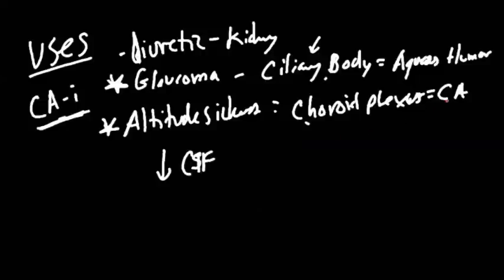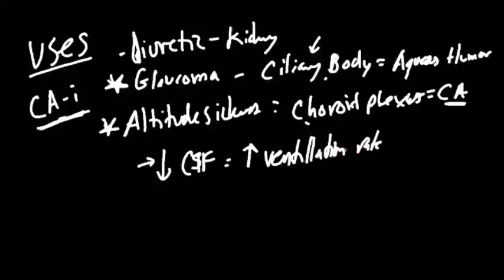It's going to decrease the carbonic anhydrase that's found in your choroid plexus. So you're going to get decreased cerebral spinal fluid production. This is going to increase your ventilation rate, because you're going to form a metabolic acidosis. If you decrease your carbonic anhydrase, you're going to decrease your CSF, you're going to decrease your bicarbonate as well.